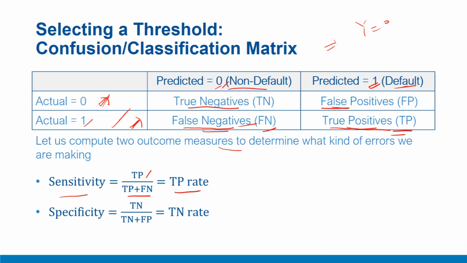So this is called the true positivity rate. Similarly, we have another measure defined as specificity. Specificity is the overall true negativity rate, which is true negatives in the numerator divided by true negatives plus false positives. Now, as you would have understood from our discussion of thresholding, there is a trade-off between sensitivity and specificity depending upon our value of threshold.